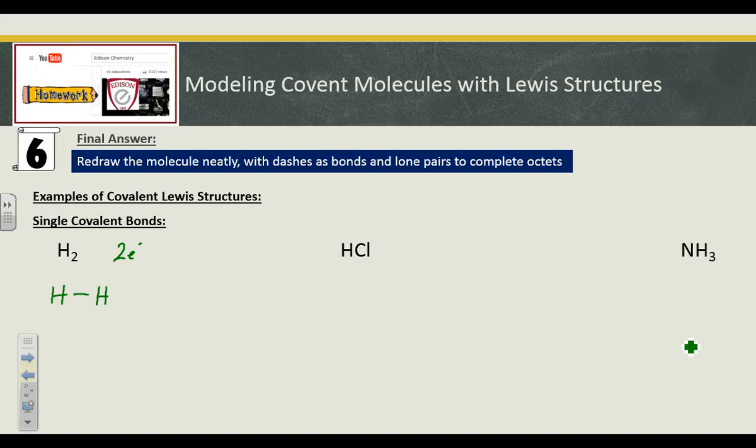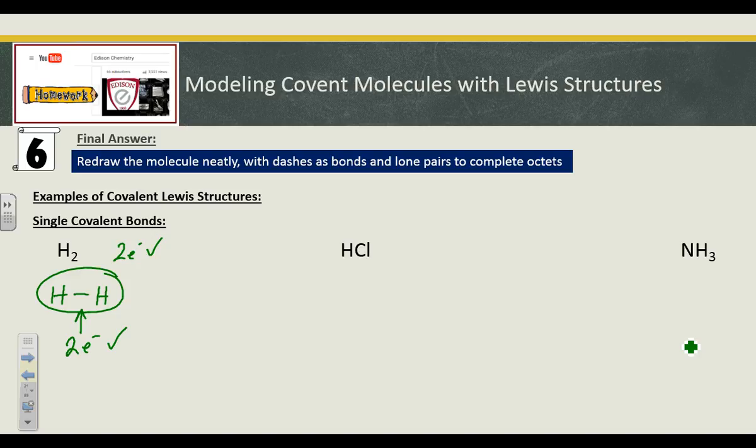Now I'm going to count all the electrons that I have used and compare back to what I had in the first place. This is 2 electrons. I used 2 and I had 2. I'm done. So there is your Lewis structure for the simplest molecule in existence, H2.